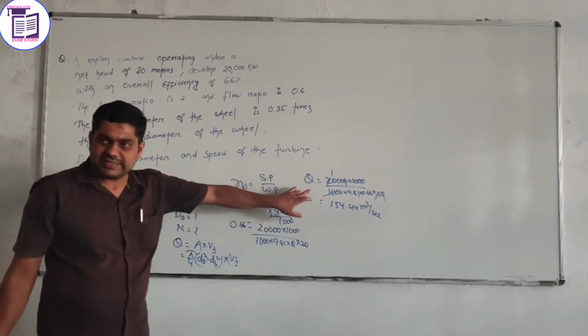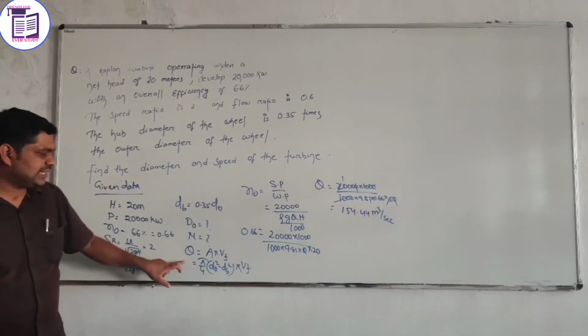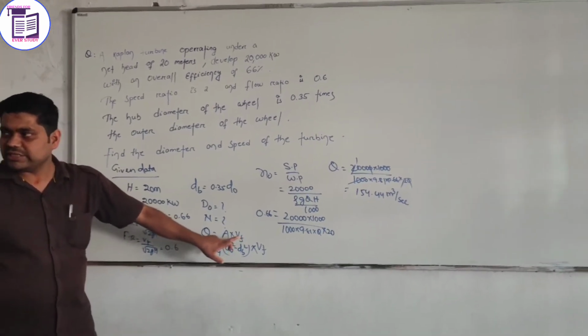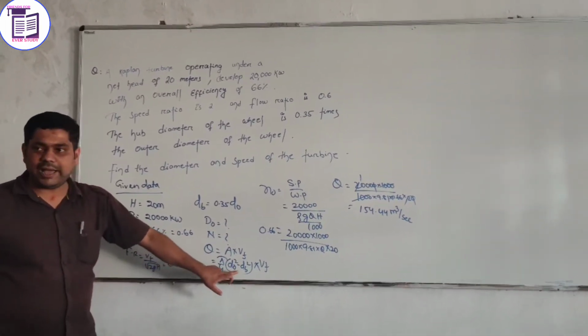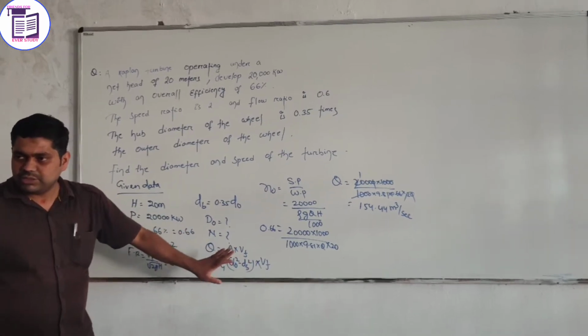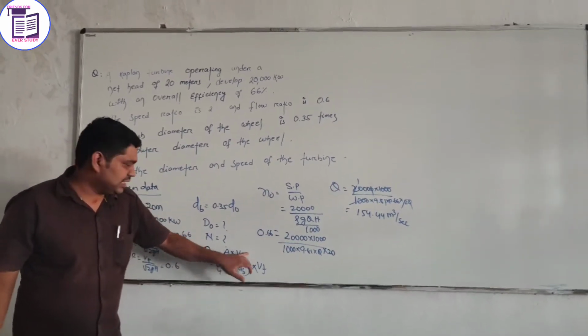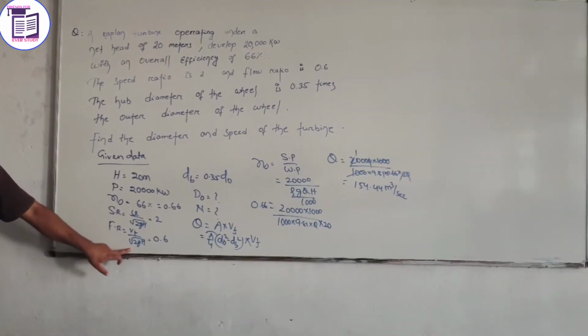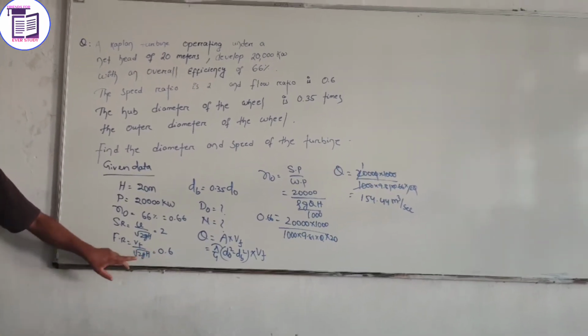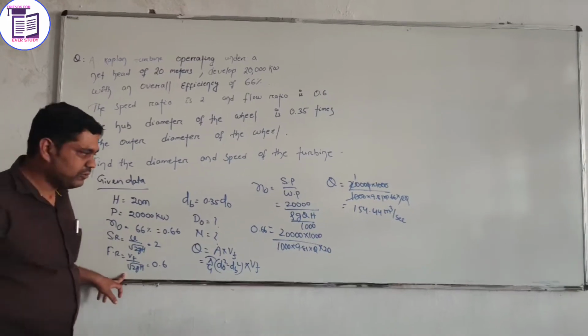So now you have found the discharge. The discharge formula is area into velocity of flow, but you don't know the value of the velocity of flow, and you also don't know the diameter. So using Vf, the relation given is the flow ratio: Vf by root 2gh is 0.6. Now using this relation you can find the Vf value.